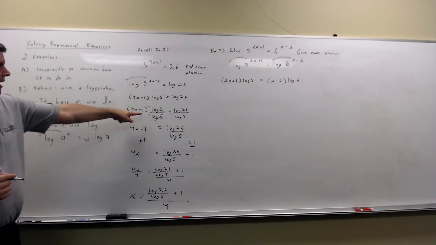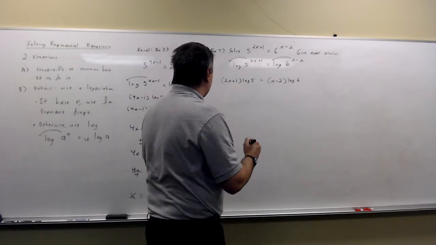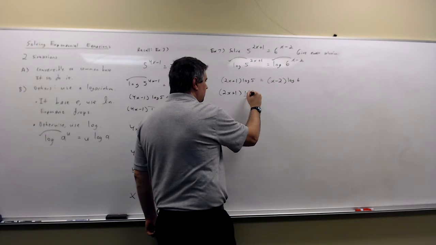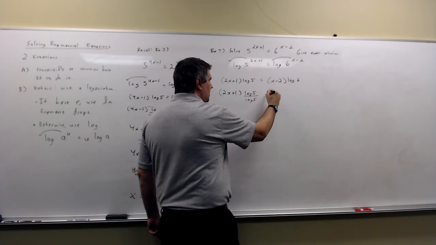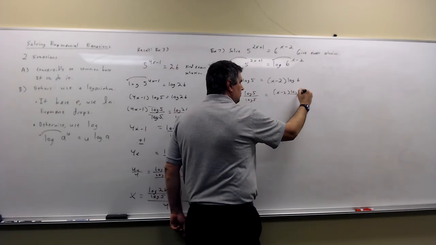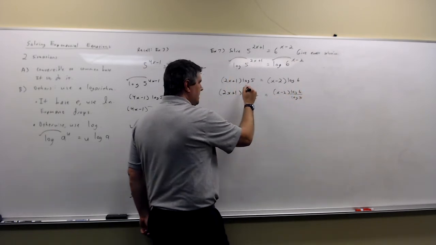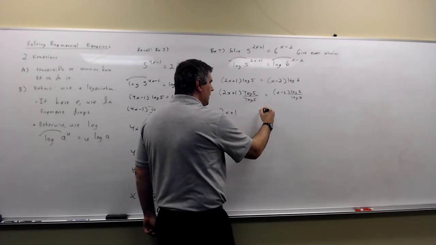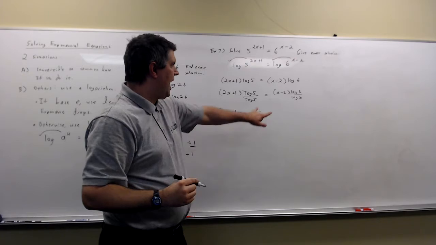Now, like I did here, I'm going to go ahead and divide the log 5 off the left side. And they'll cancel over here, and I'll end up with 2x plus 1 equals that.